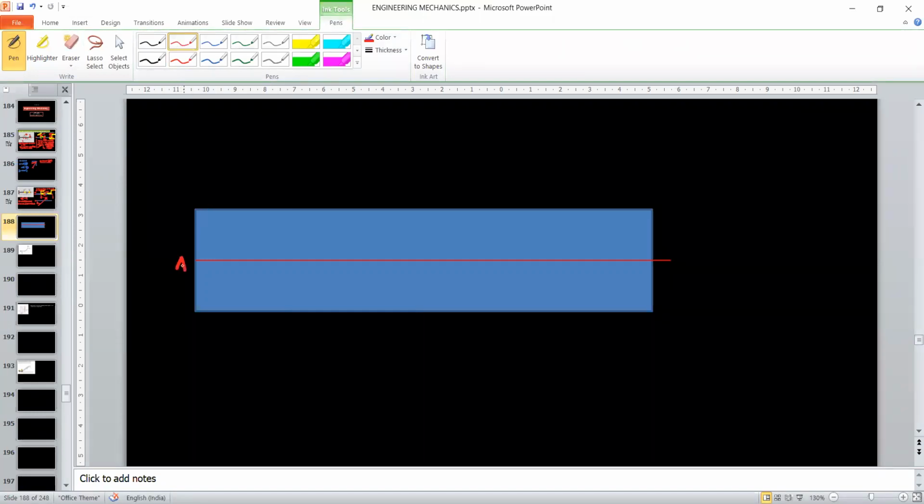This is the point A, and this is the center line.